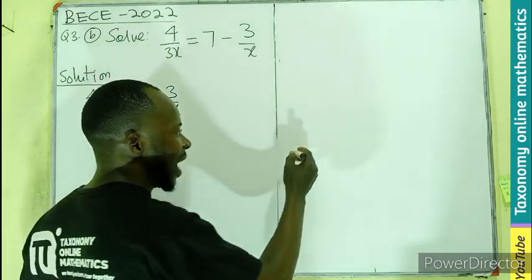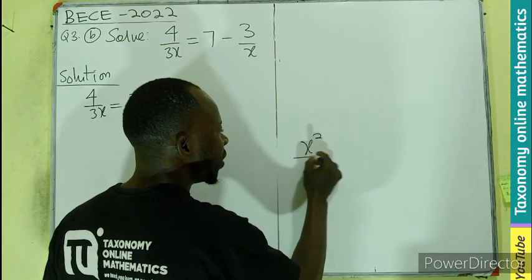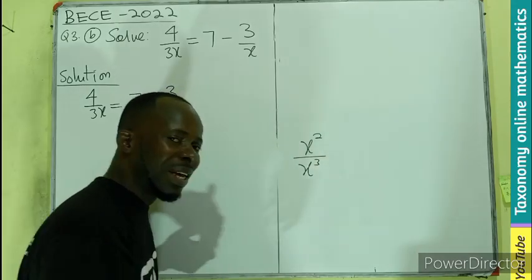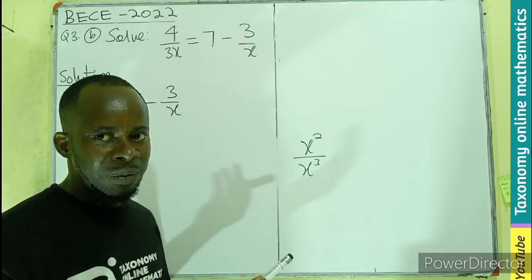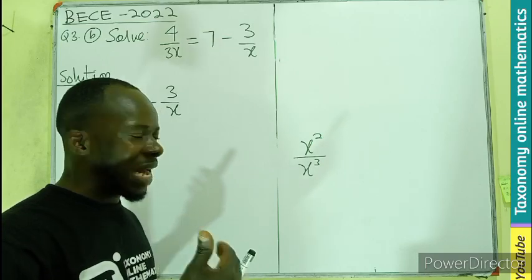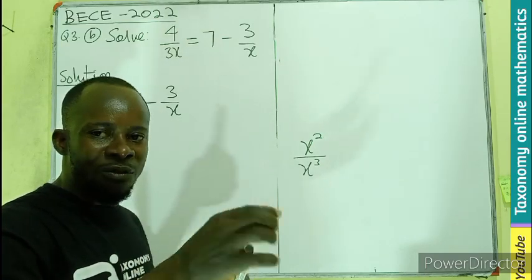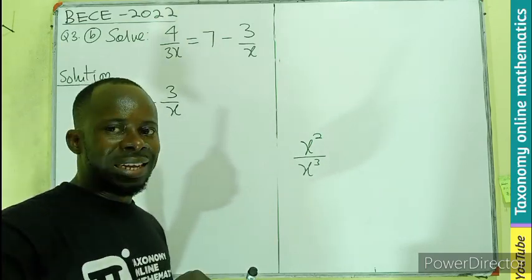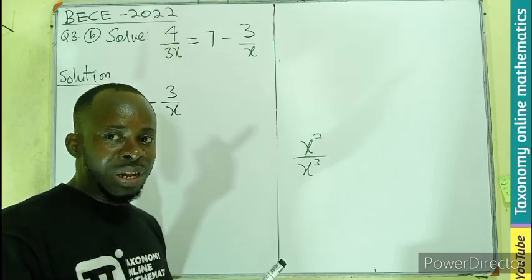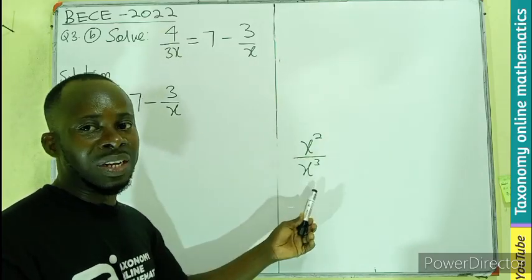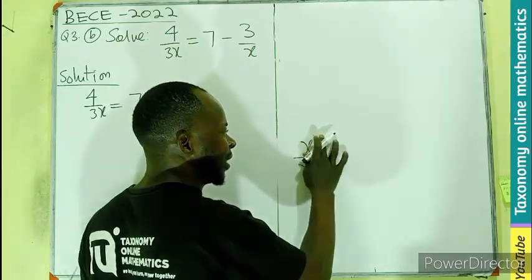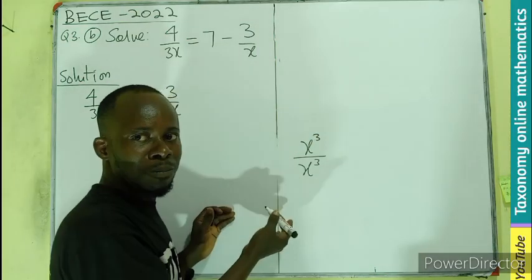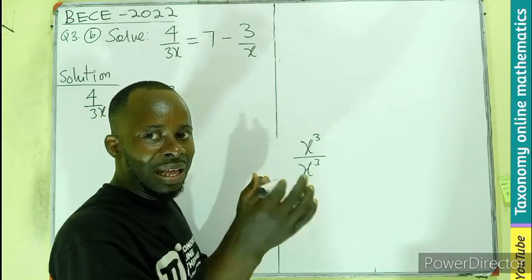If I have x exponent 2 divided by x exponent 3, it becomes impossible to get a single answer as a whole number. So you are making sure that your numerator power for the variables will be bigger than that of the denominator, because we don't want to have a fraction. That is why we want to clear this fraction. So I need the power to be the same, not necessarily bigger. It will be the same.